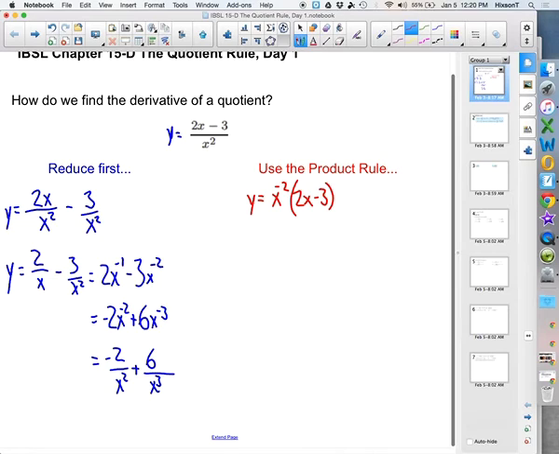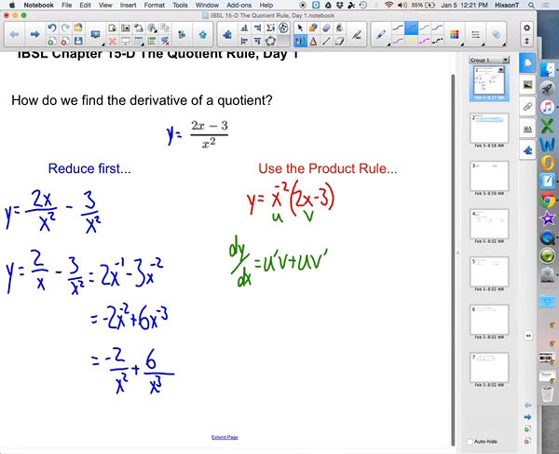Very good. Now, I could call this u and this v, and dy dx is u prime v plus uv prime. There's our product rule that we've been using.